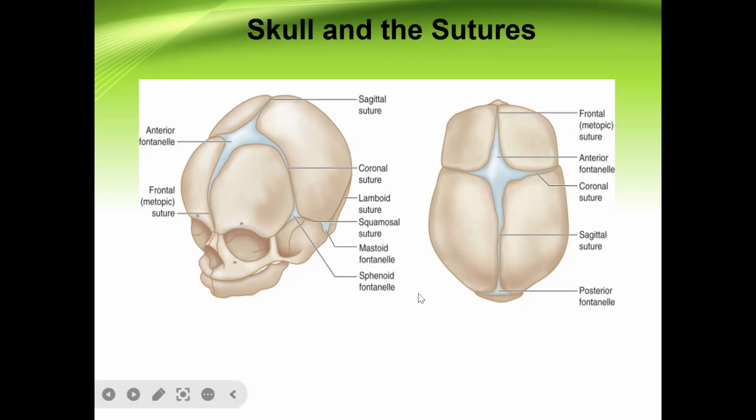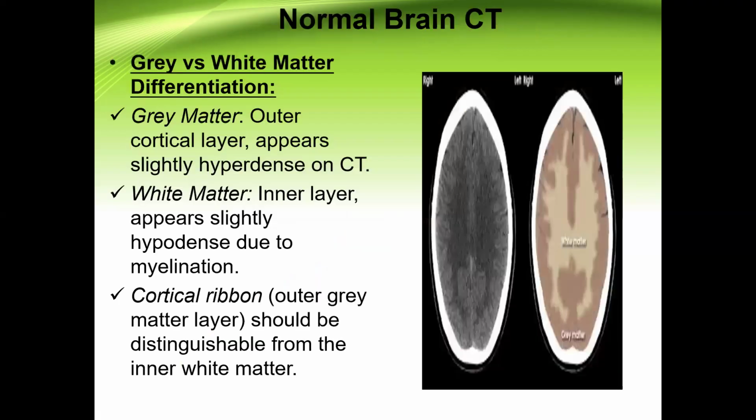And sometimes this is important, especially in cases of basal skull fracture, where you're going to look for the mastoid window, especially if you see some bleeding or hemorrhagic changes there. So this is where you look at the bone window from the mastoid window.